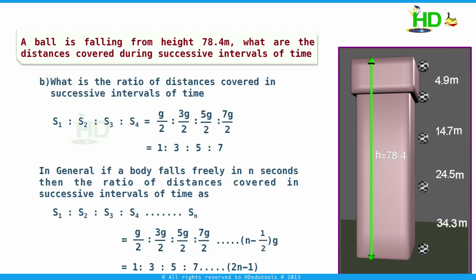That is, suppose I consider the third second, this is 24.5 meter. The next second, that is the fourth second, if you add 9.8 to this, you get 34.3 meter. For the displacement in the previous second, you subtract 9.8 from 24.5 meter, then you get 14.7 meter.